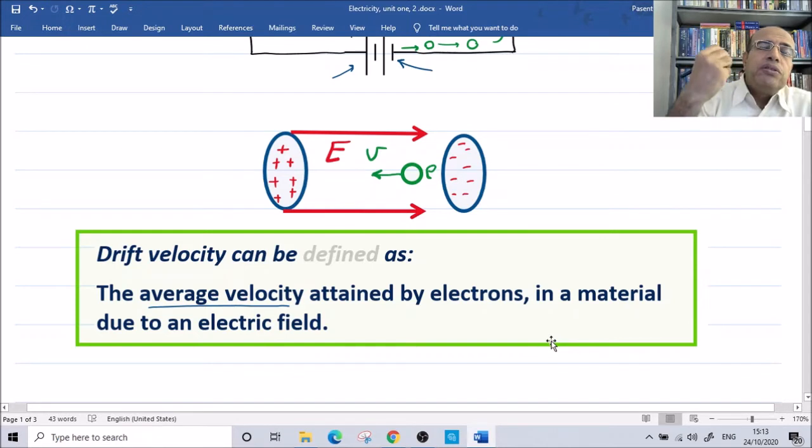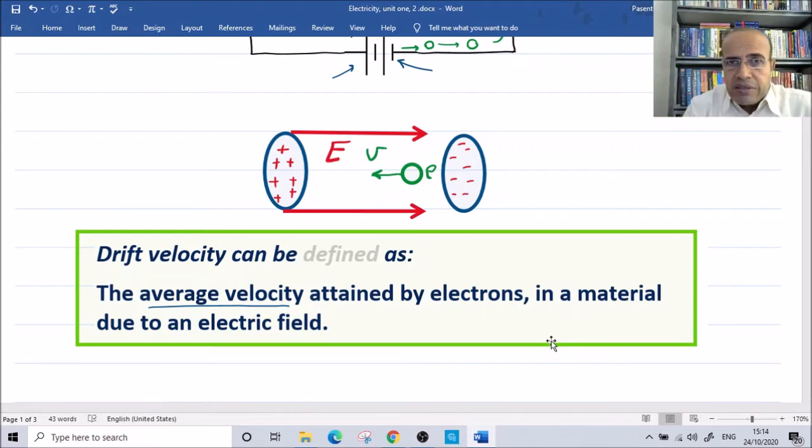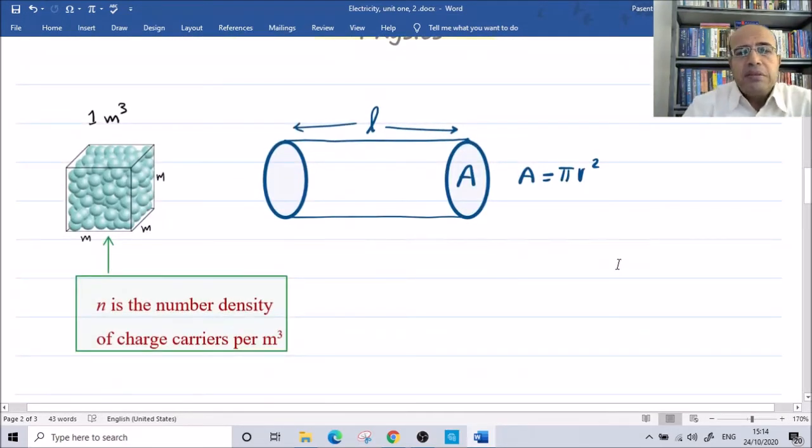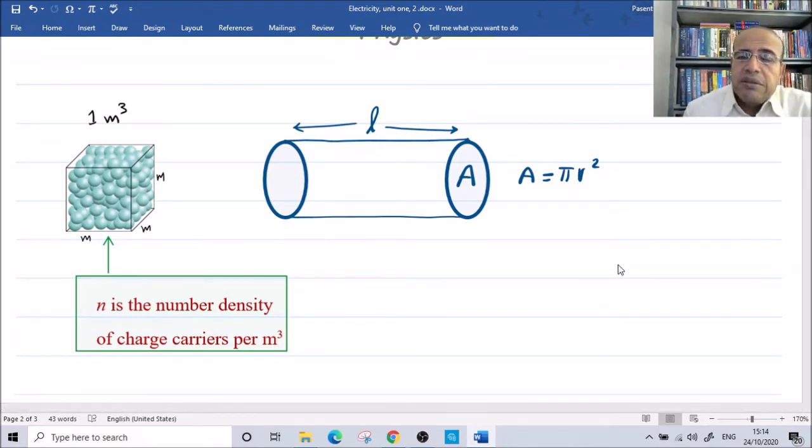Now we need to derive the velocity of free electron inside the conductor. Imagine this is a conductor cylinder of cross-section area A, and the length of the conductor is L. What is the volume of that conductor?